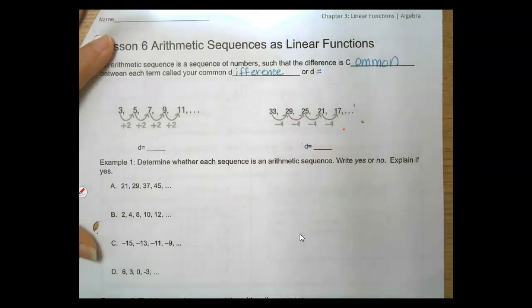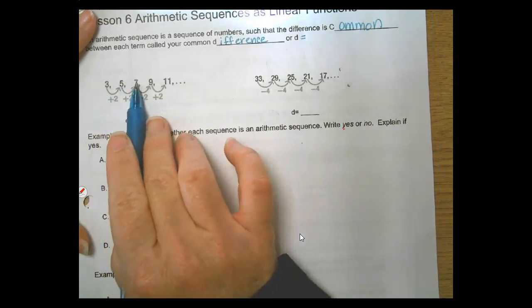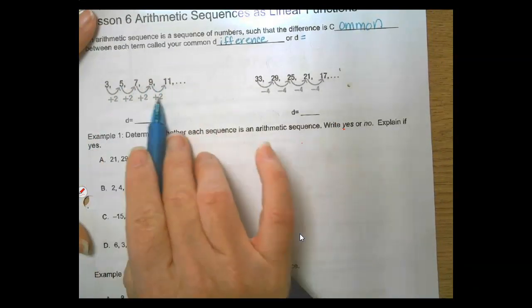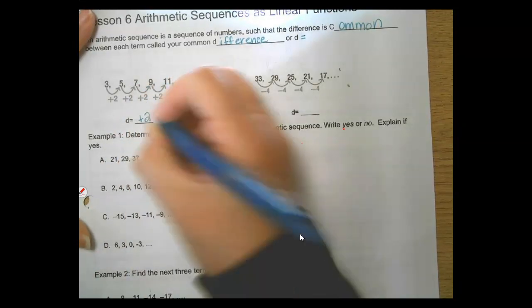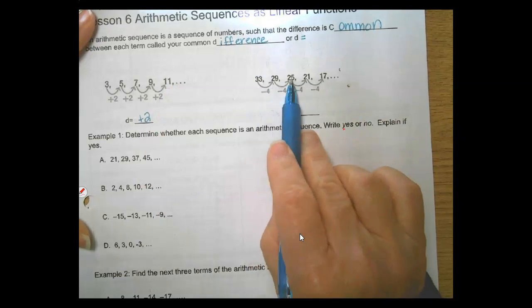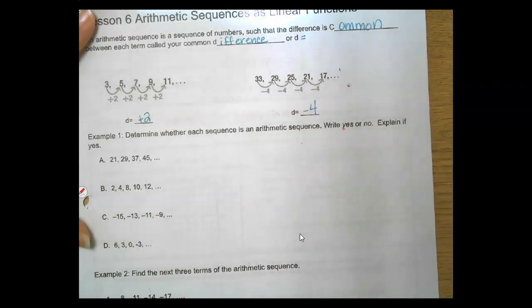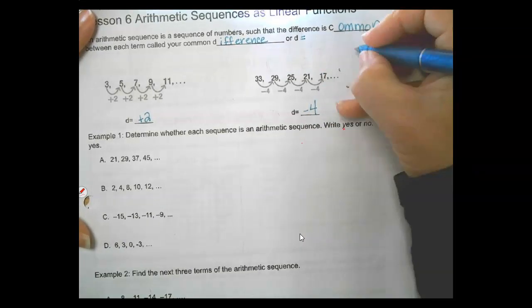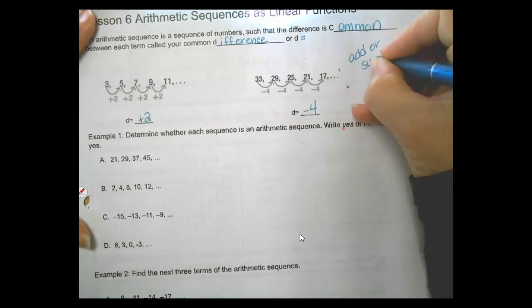Here we are looking at this one, and you're increasing by 2. So there's a common difference of positive 2. This one, the common difference is you're decreasing by 4. So this is adding or subtracting only.